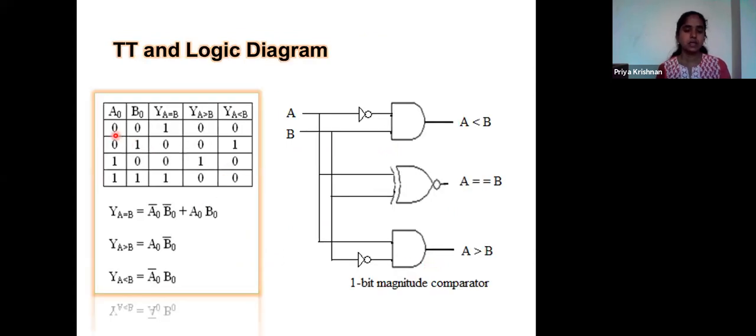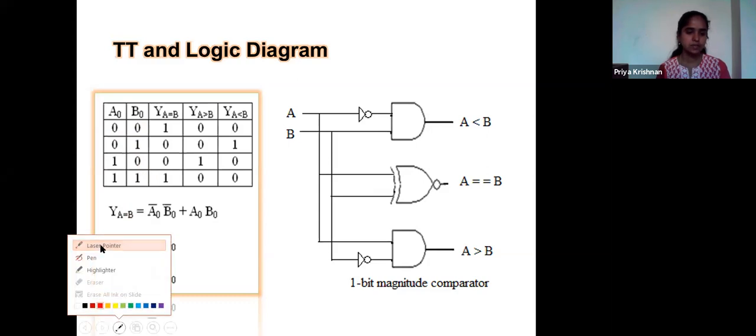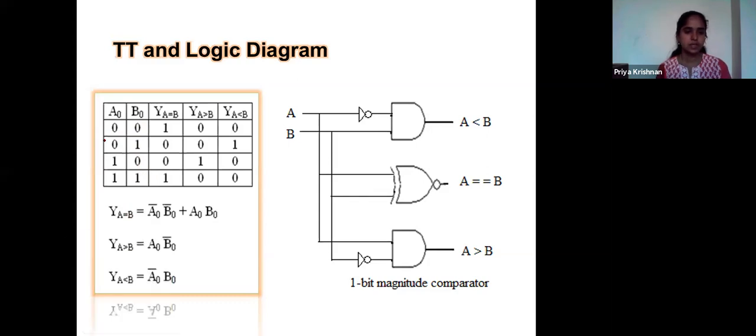So we have only two inputs, A and B. How can they change? They can change like 00, 01, 10 and then 11. For 00, what does it mean?